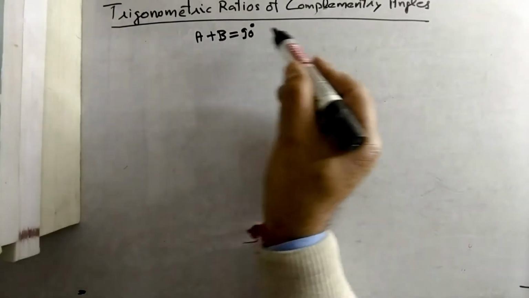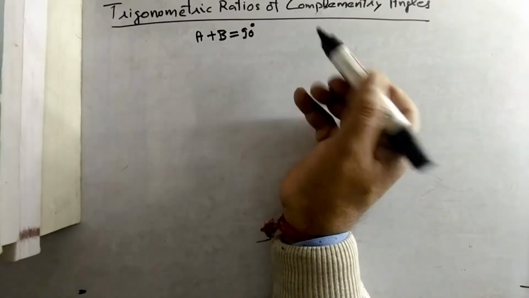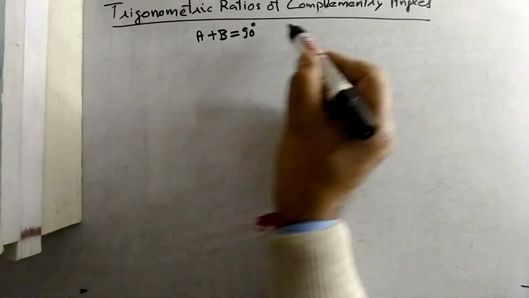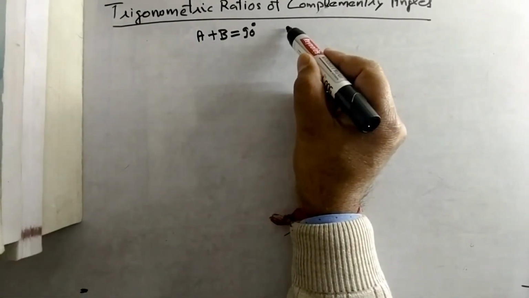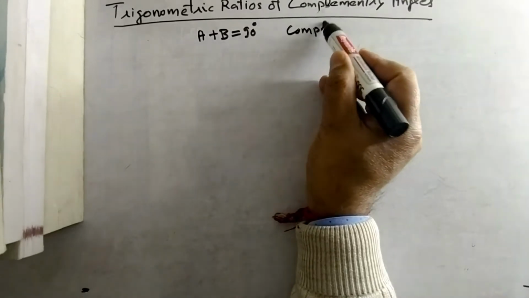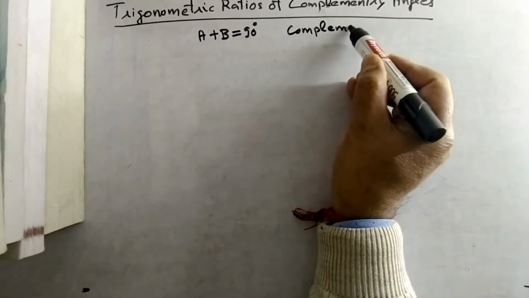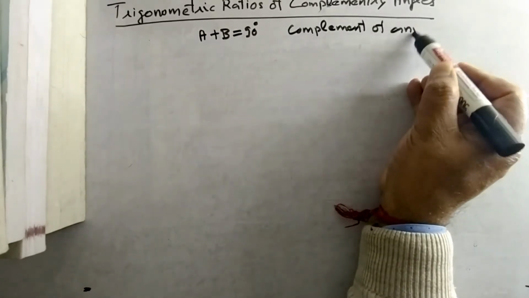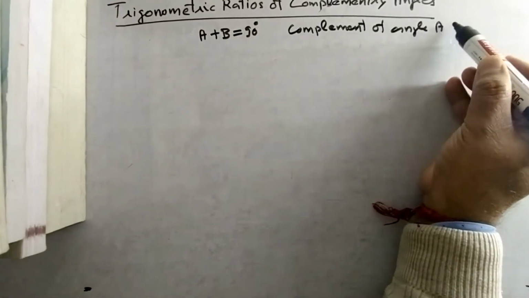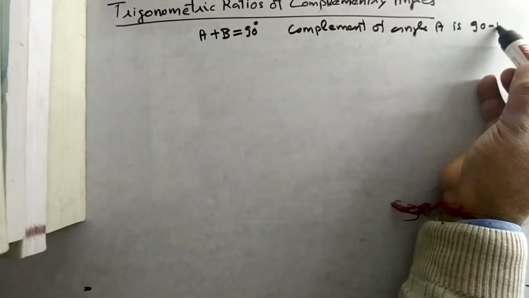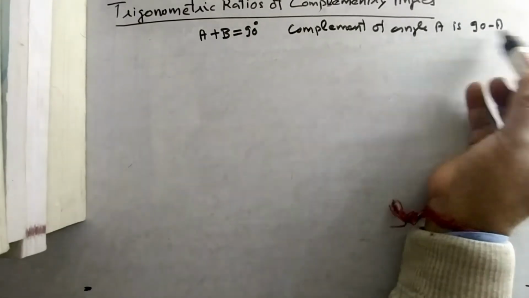Complementary angles have a sum of 90, supplementary angles have a sum of 180. So if anyone asks you what is the complement of angle A, it is nothing but 90 degrees minus A, because if you add them you get 90.